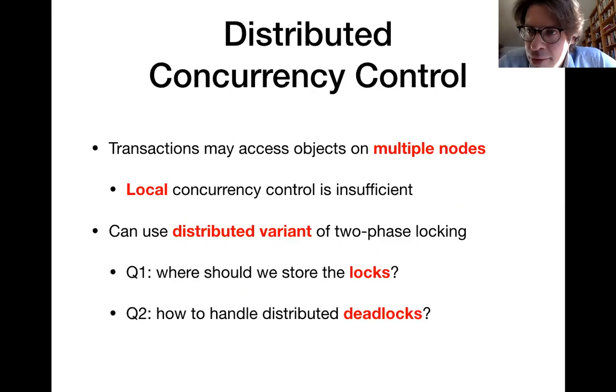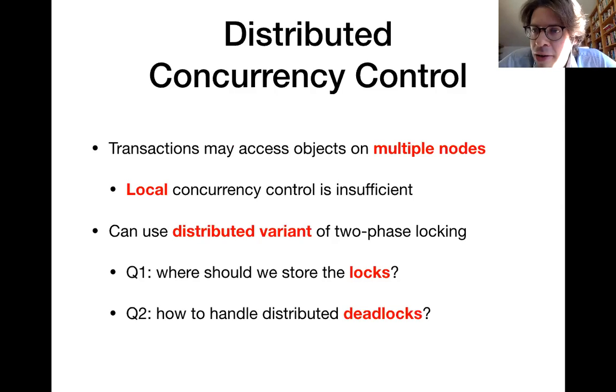So the general challenge here is, of course, that now transactions might actually access objects that are stored across different nodes in your system. And that means it is insufficient to perform local concurrency control, but we somehow need to coordinate across multiple sites.